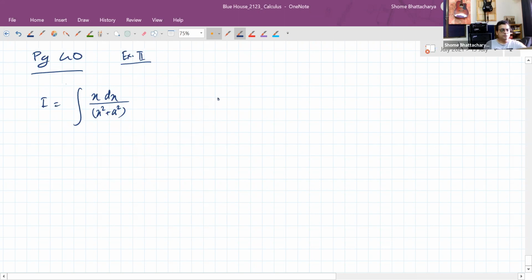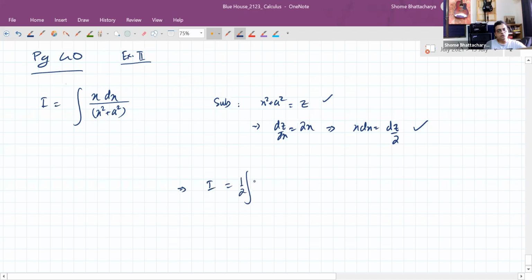Understand? So if I substitute the denominator, x square plus a square, as a dummy variable z, then dz by dx is 2x. So cross multiplying, I can write x dx as half of dz. So the integral now becomes half comes outside, dz by z. So it is 1 by 2 ln z plus c.